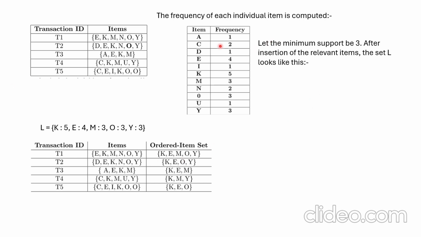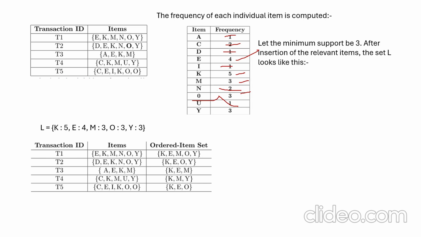When we apply the minimum support, A we will discard, C we will discard, D we will discard, E we will keep, I we will discard, K we will keep, M we will keep, N we will discard, O we will keep, and U we will discard.